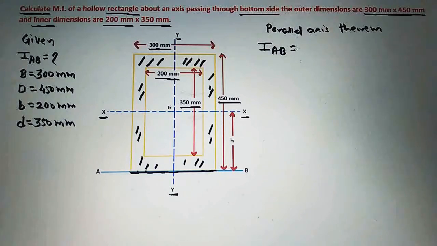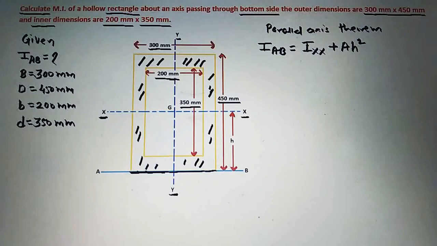So if we use a parallel axis theorem here, then we can write here IAB is equal to, for this AB axis, the parallel centroidal axis is x here. So we will write here moment of inertia of a centroidal axis which is parallel to the AB, that is Ixx, plus area into h square.